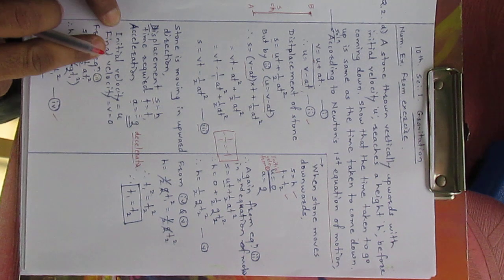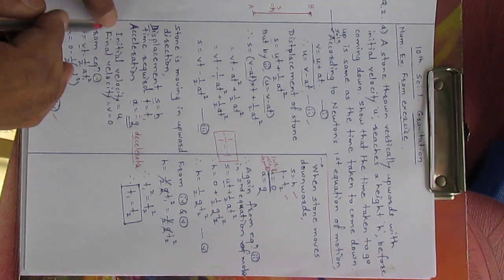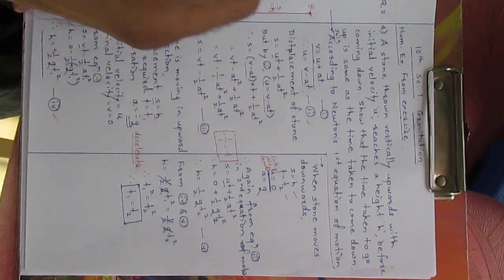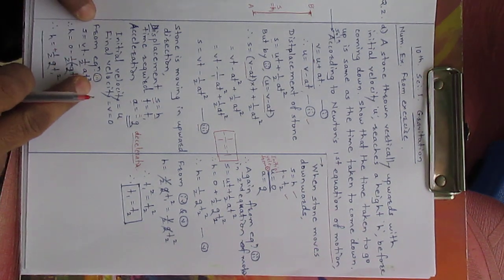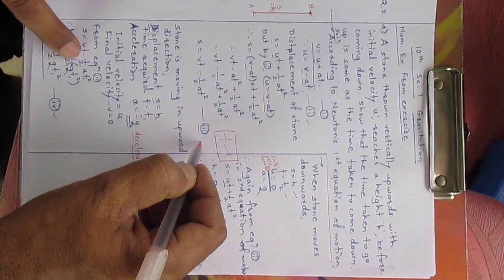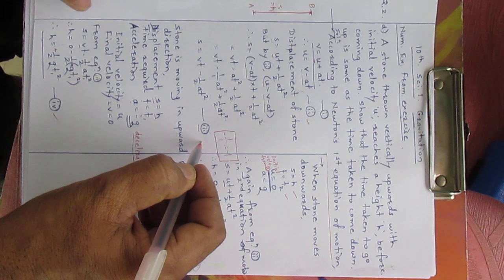Now, initial velocity will be u and final velocity will be 0. That means the object will come to rest at this point for a short while. From equation number 3, we will get s is equal to vt minus 1 half a t1 square.